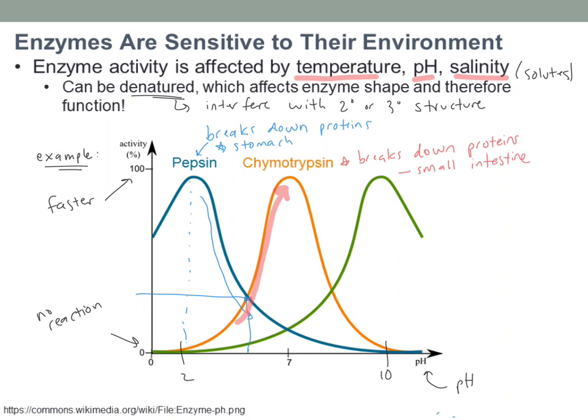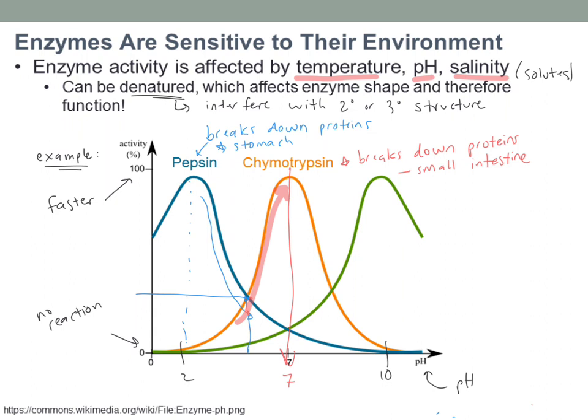And so these different enzymes have different functionality at different pHs, right? Chymotrypsin works the best at about 7-ish, whereas pepsin works the best at about 2-ish. And so they can be activated and then denatured depending on the pH of their surroundings.